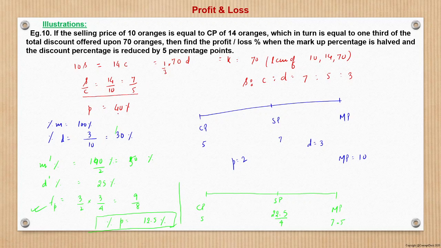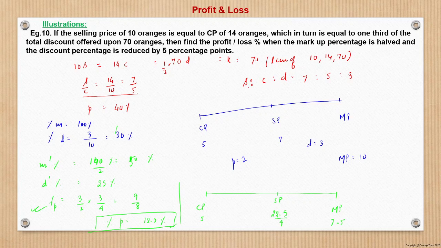From here we know that profit is 40%. Now the first concept is when 10S is equal to 14C is equal to 70 by 3D, we can get the ratio of S, C and D as 7 is to 5 is to D. What is the procedure? We can assume K to be the LCM of 10, 14 and 70, that is the numerators. LCM of 10, 14 and 70 is 70.